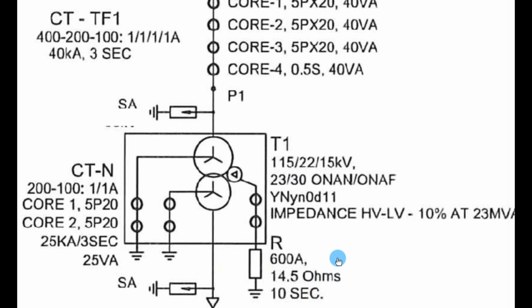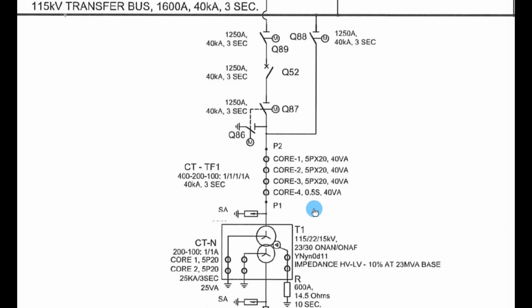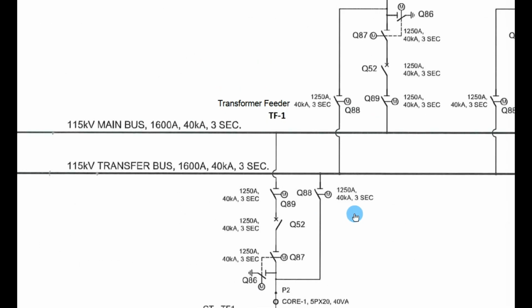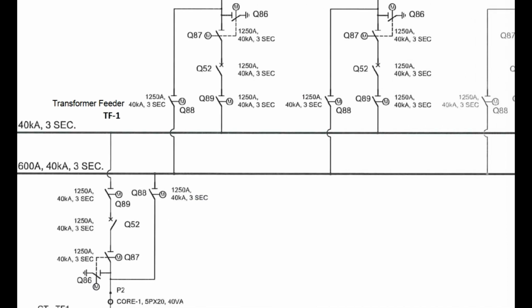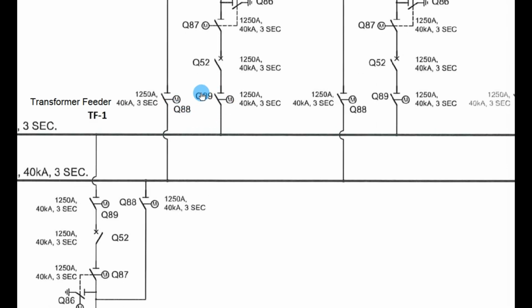Now we have completed the transformer feeder. Now we can go to the incoming feeder. The isolator which is connected to the main bus is denoted by Q89, and the isolator which is connected to the transfer bus is denoted as Q88.